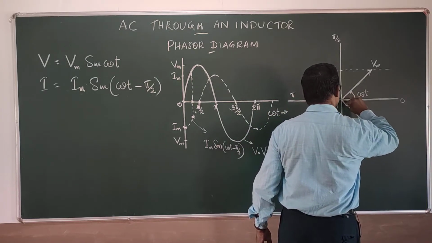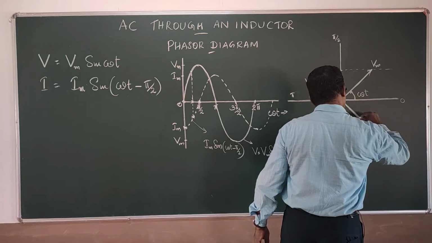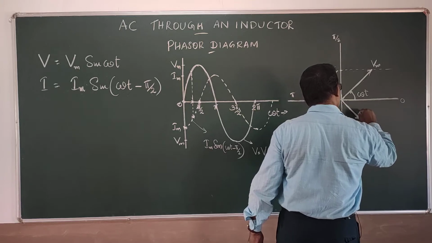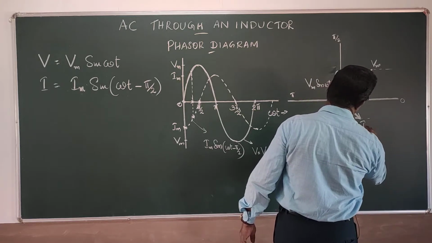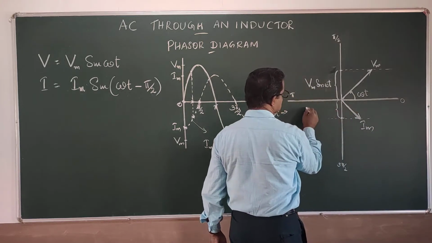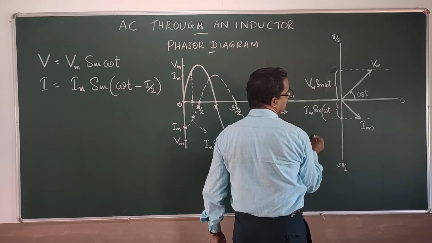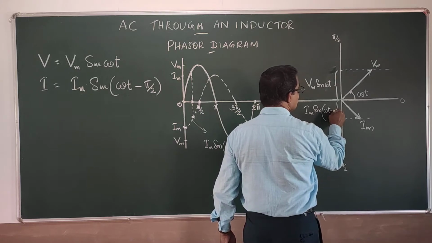See this? Okay. So this is Im, and therefore this is Im sin(omega t minus pi by 2).